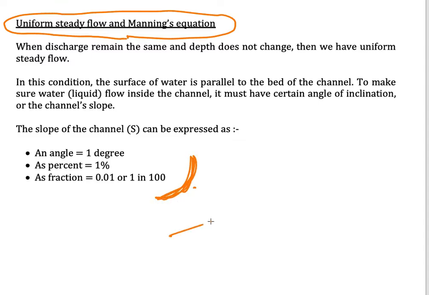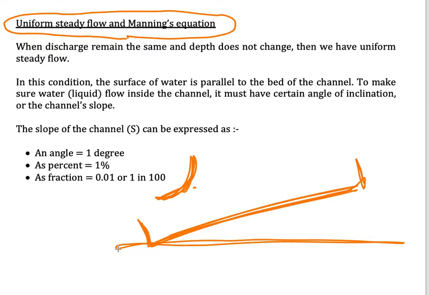For example, we have a conduit inclined at a certain angle like this. The inclination or the slope of the channel can be expressed in many ways. This is the common expression used in daily life or in real applications, even in our questions.